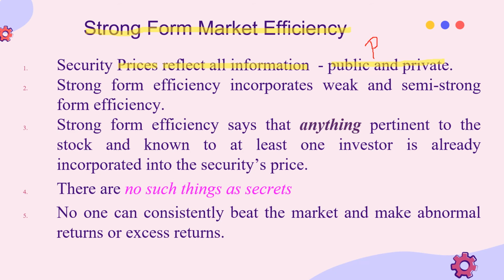So, dalam strong form market ni, dia akan melibatkan semua, which means that dia melibatkan semua information: public, past information, public information and private information. The strong form efficiency incorporates weak and semi-strong efficiency.